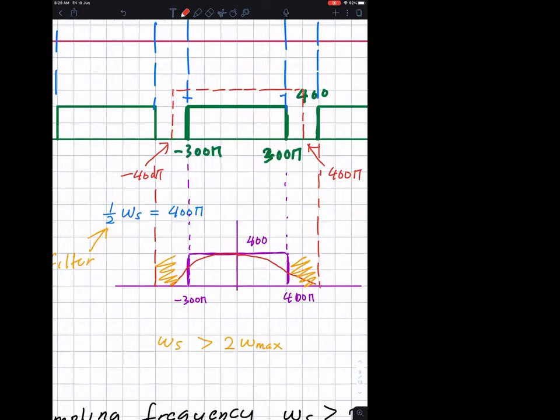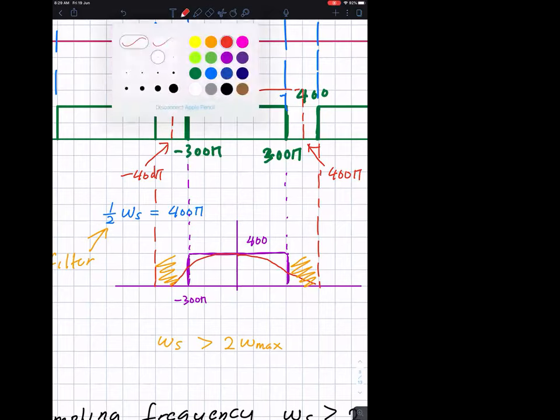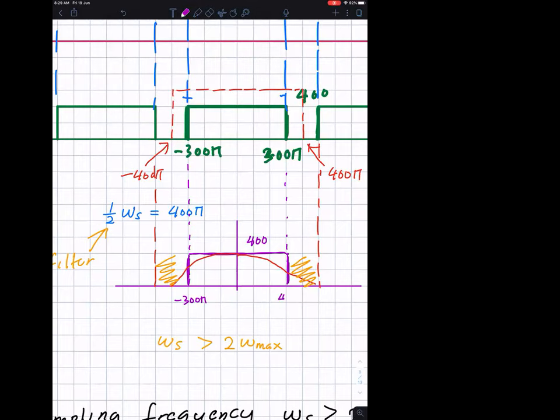No, sir. My question is, there's a negative 300 pi, and the other side is 400 pi. Oh, this one. Yes, sir. It's a typo. Sorry about that. Sorry, again, I'm writing. That's okay. Now it is more correct. Thanks.